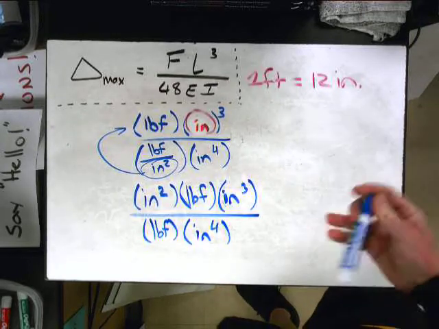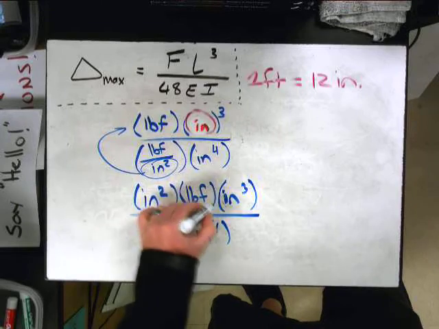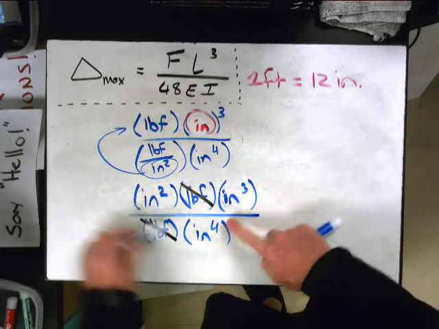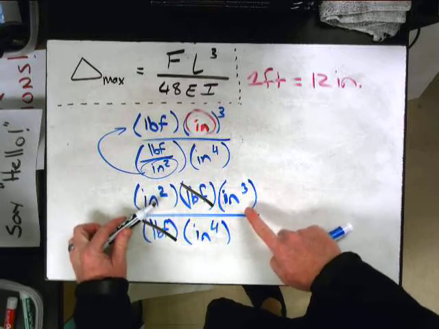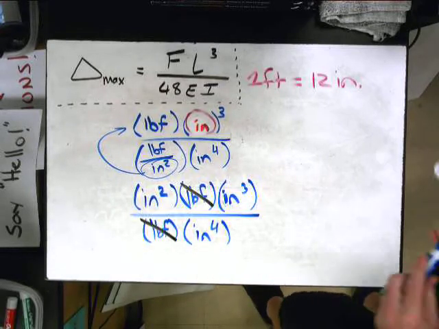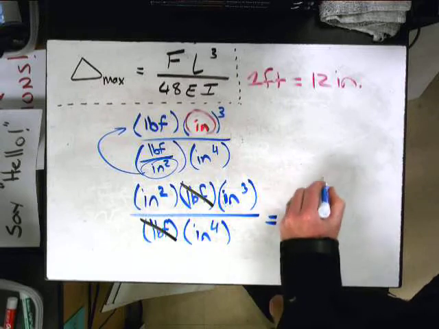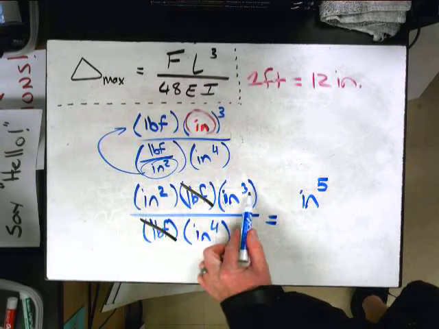Some interesting things are going to happen here. We're going to see some cancellation, right? Pounds force and pounds force cancel out. And look at this, it's all inches that are left, but look at the powers. I have to reconcile all this information. Inches squared times inches cubed is inches to the fifth power. When you multiply with powers, you end up adding the exponents.